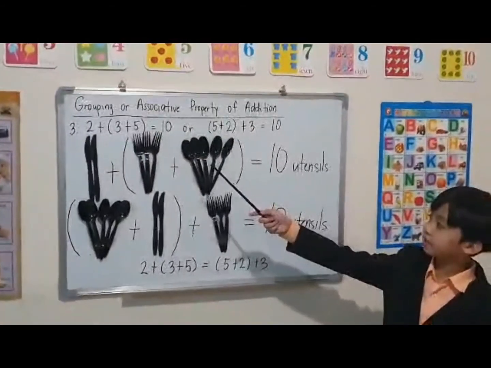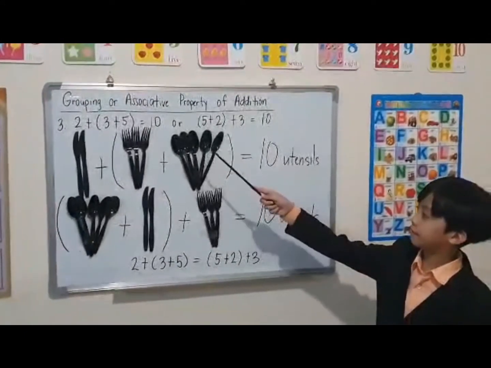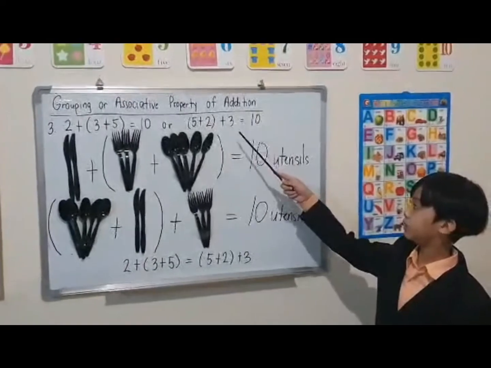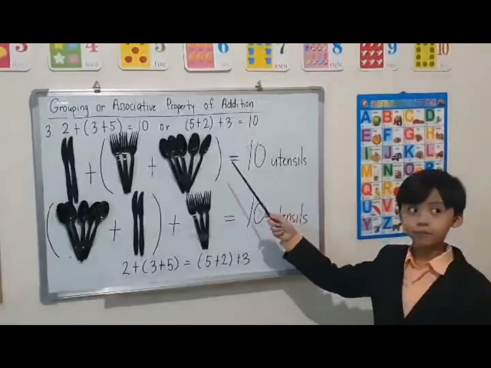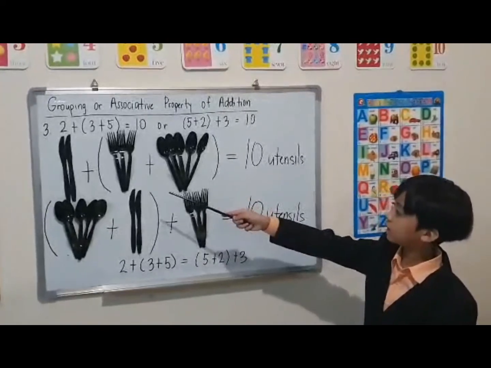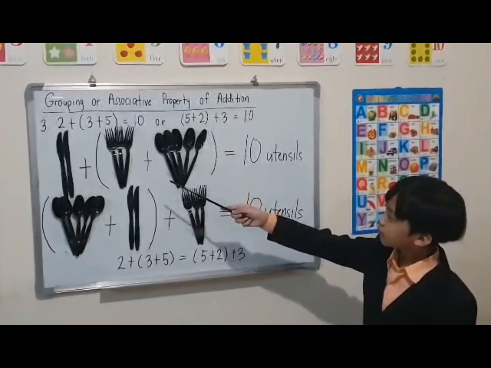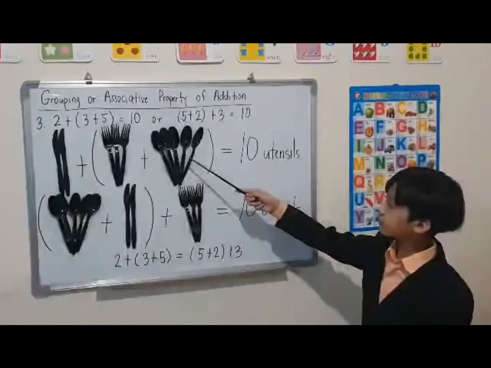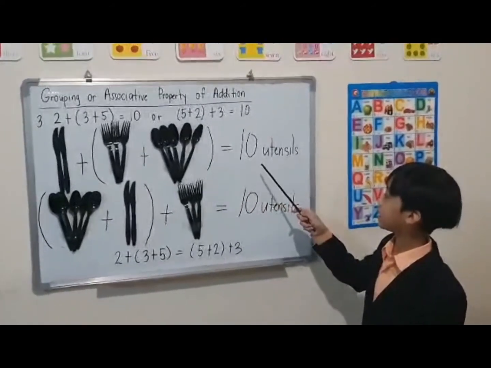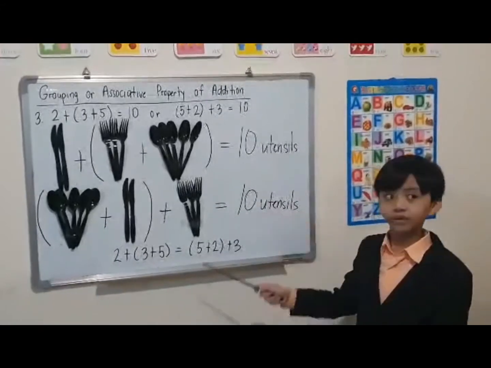Number 3. 2 plus 3 plus 5 equals 10, or 5 plus 2 plus 3 equals 10. I have here 2 knives plus 3 forks and 5 spoons in the parentheses equals 10 utensils.